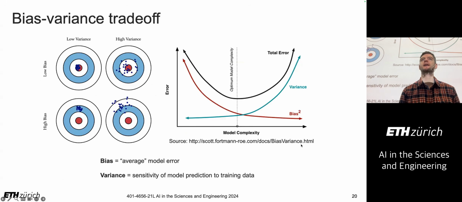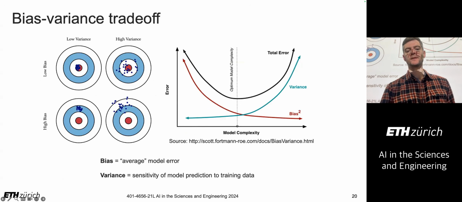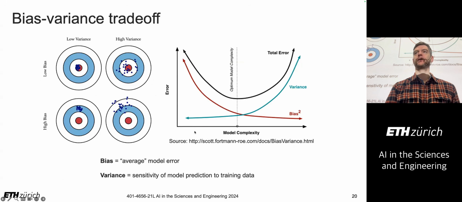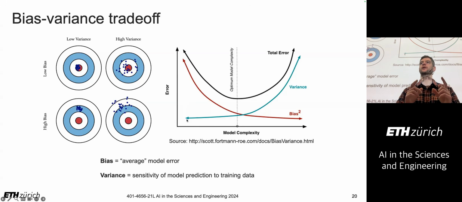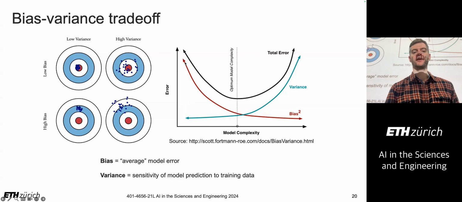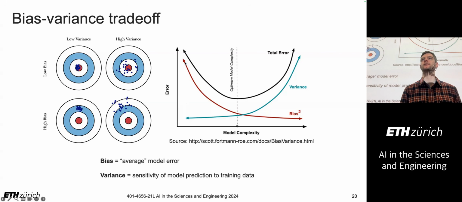Model complexity is the number of parameters that we're using to train the network. If we have a very small number of parameters, for example just linear models, what we usually find is that the variance is very low. So the output of those models doesn't depend much on our training data, but the bias is very high. So the average model error is very high. They don't fit the data very well.